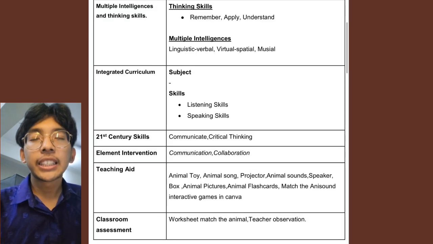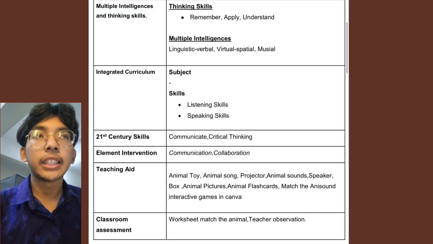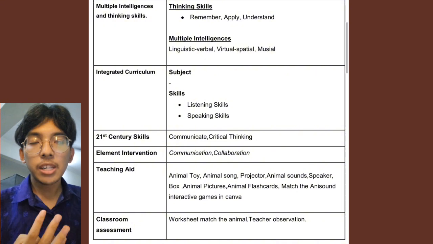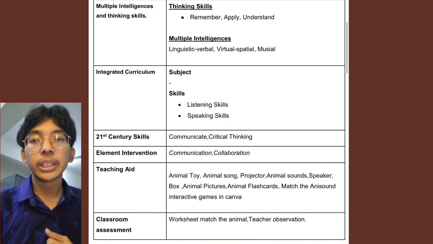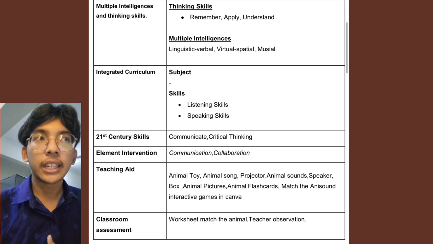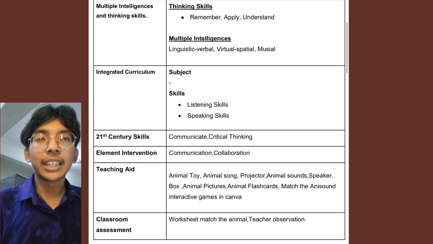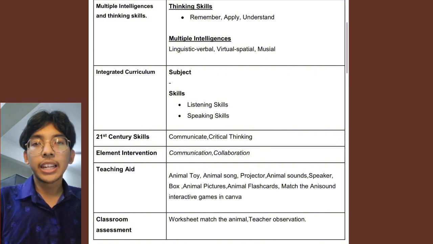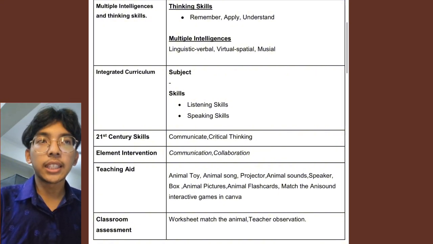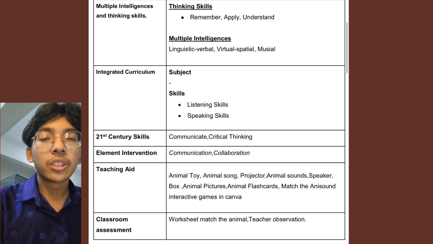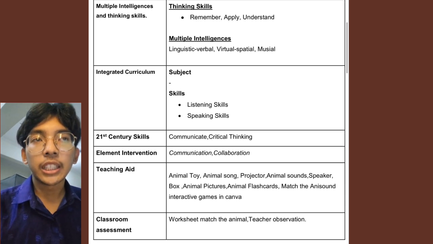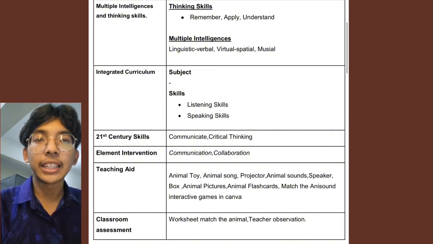So the multiple intelligence and thinking skills that I implement: the thinking skills are remember, apply and understand. For the multiple intelligence, it is linguistic verbal, visual spatial and musical. For the integrated curriculum, there is no integrated curriculum, but the skills that we want to choose are listening skills and speaking skills. It also combines the 21st century skills that are used nowadays, which are communication and critical thinking.